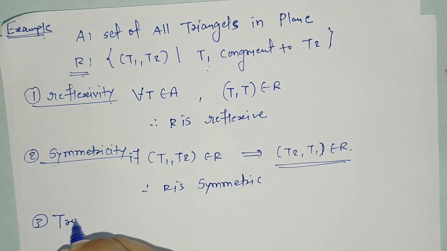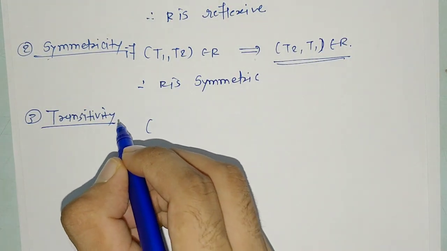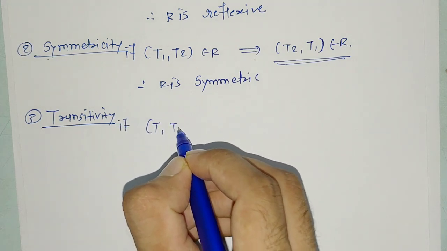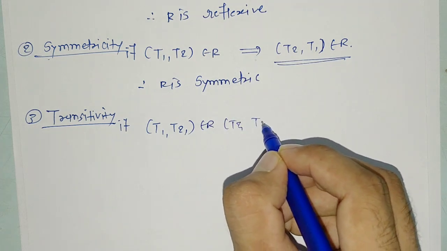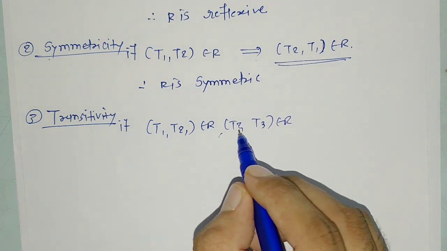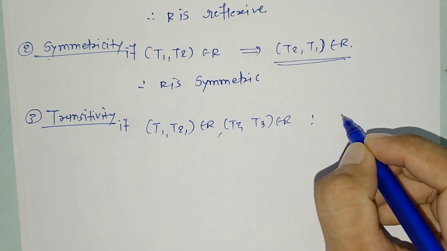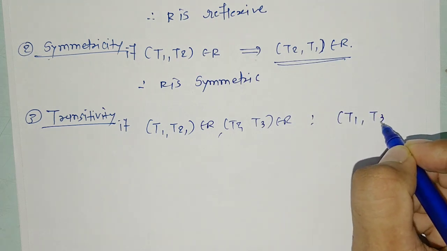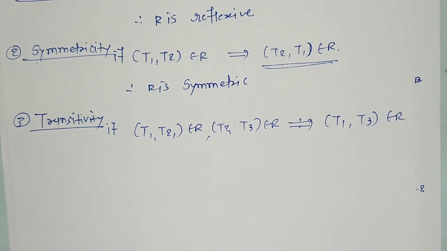Third, transitivity. Transitivity says that if I have two ordered pairs, (T1, T2) belongs to R and (T2, T3) belongs to R, then (T1, T3) belongs to R, then I can say that R is transitive.